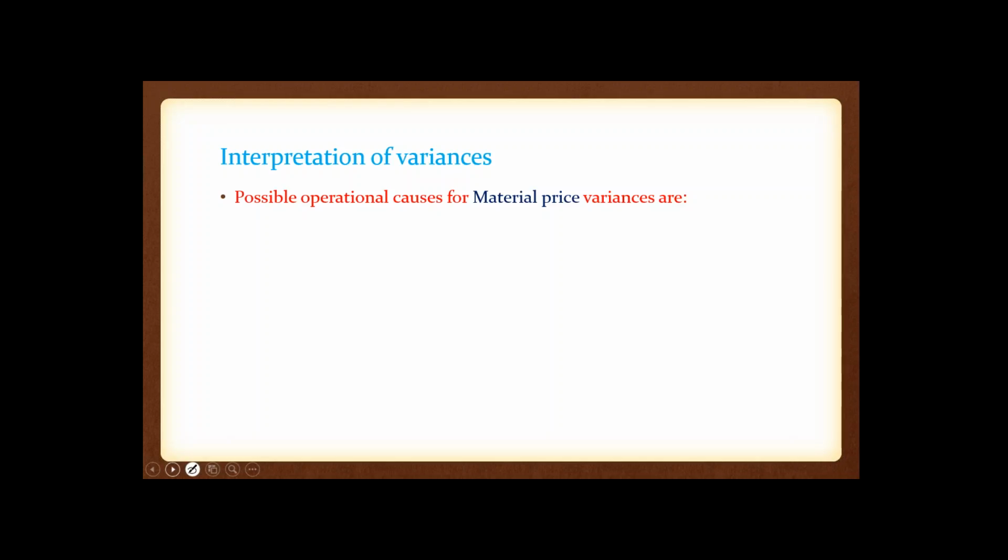The possible operational causes for material price variance. You remember the raw materials we are going to buy, there can be many reasons for the variance. One of the reasons is that we have used a different supplier. Your boss might ask, hey Sami, why is there this variance in the price?